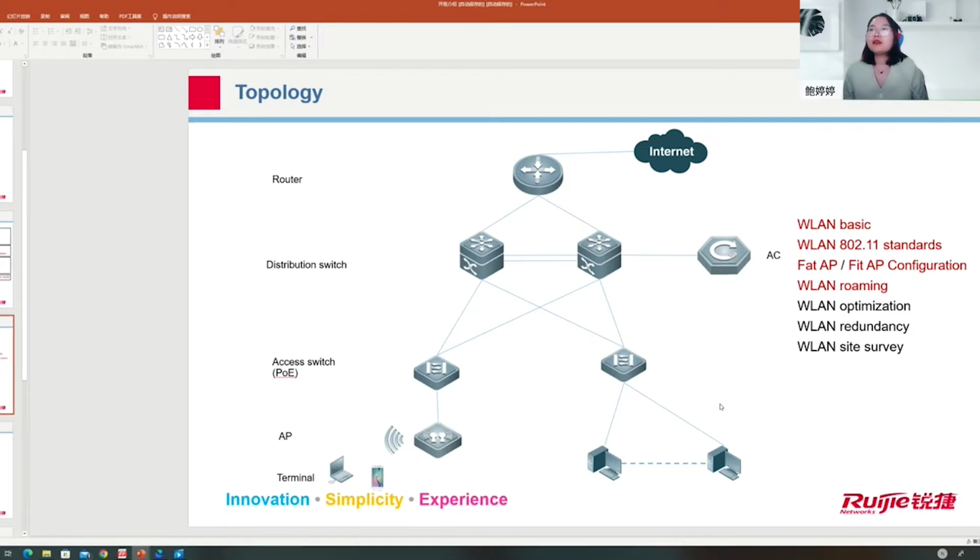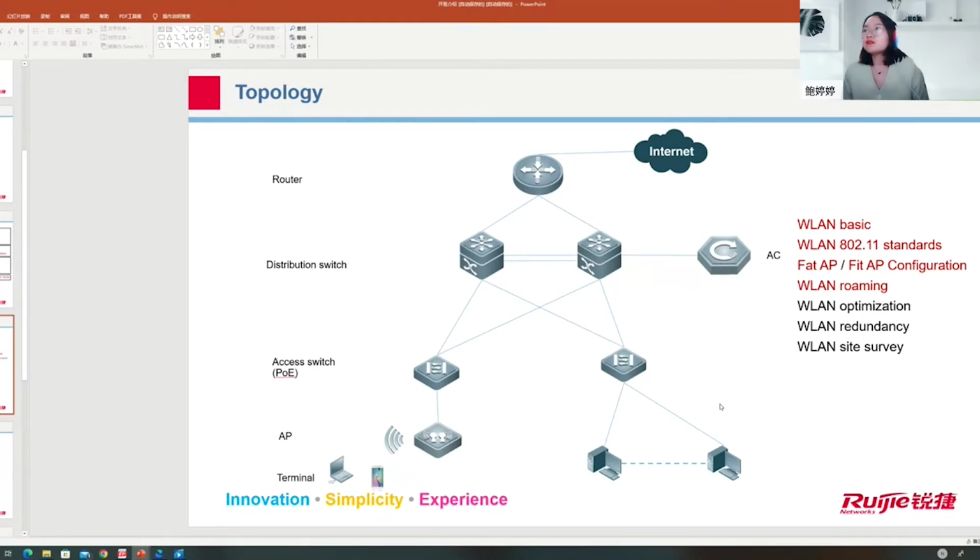And the second one: if in our network you deploy the AC to manage the APs, and there is only one AC and this AC or the link is broken, the network is broken. All the terminals connected with the AP cannot forward the message out. So in this scenario, we also need one technology to improve the reliability.